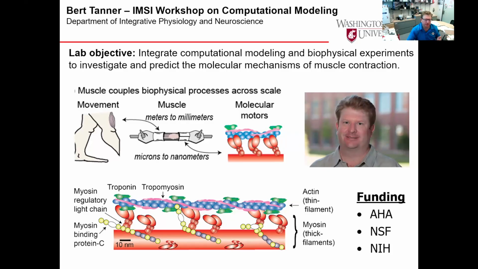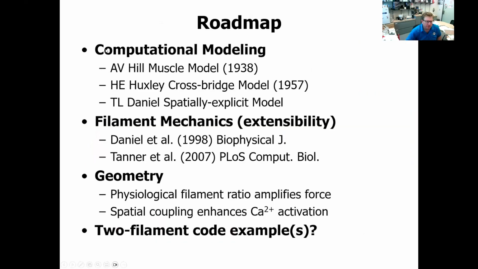And we've done quite a bit of work trying to understand those crossbridge interactions and how to model them and how to measure them for some of the kinetics. And as an overview, I've got some introductions into some of the history of muscle modeling over the years.